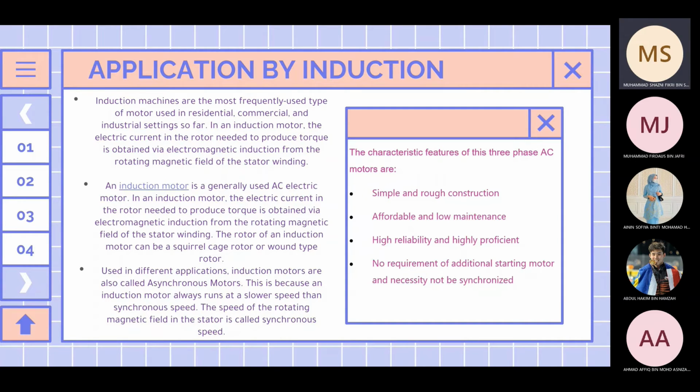In an induction motor, the electric current in the rotor needed to produce torque is obtained via electromagnetic induction from the rotating magnetic field of the stator winding.